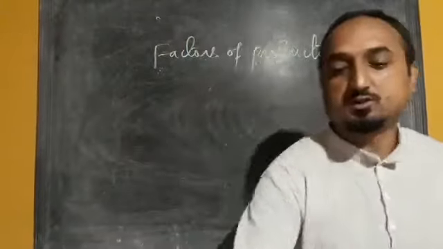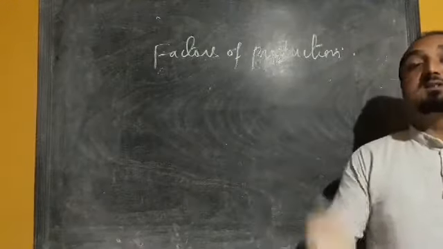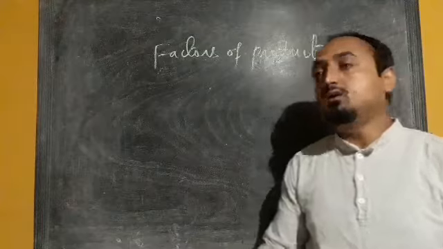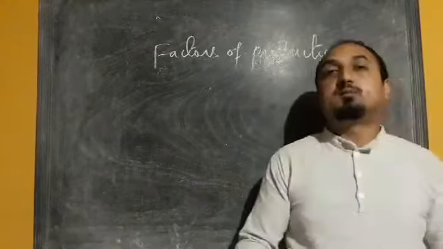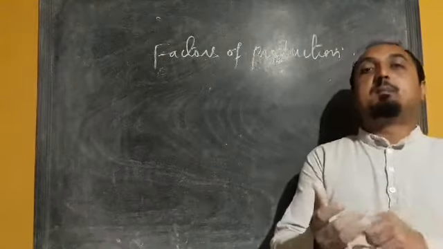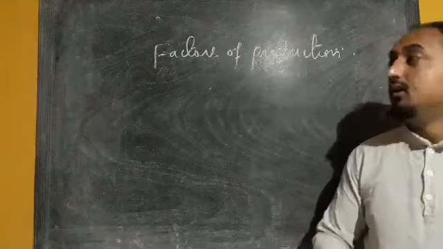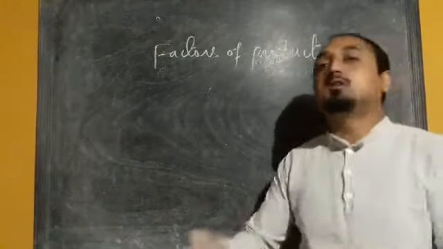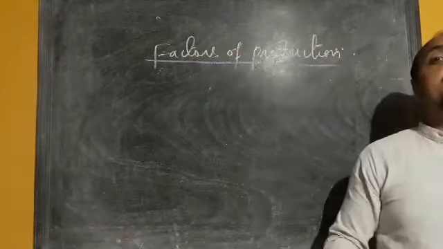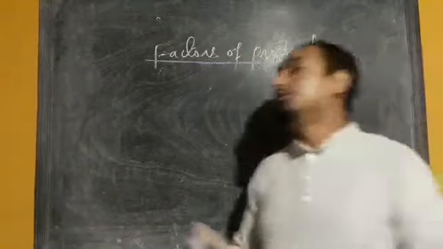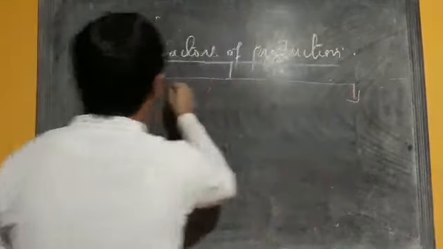The productive resources that are used in the process of production are called factors of production. What are those productive resources? Productive resources are land, labor, capital, organization, and raw material. So all the productive resources that are used in the process of production are called what? Factors of production. Now these factors of production are usually classified into four groups.